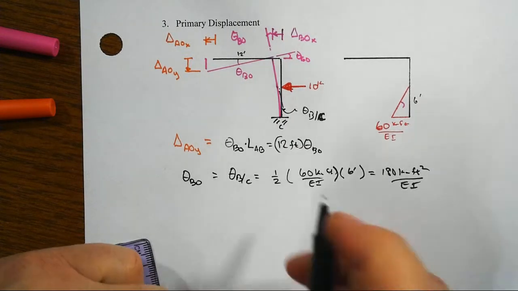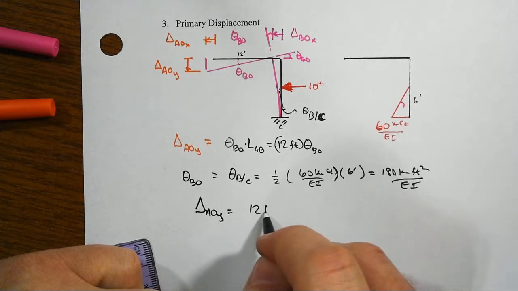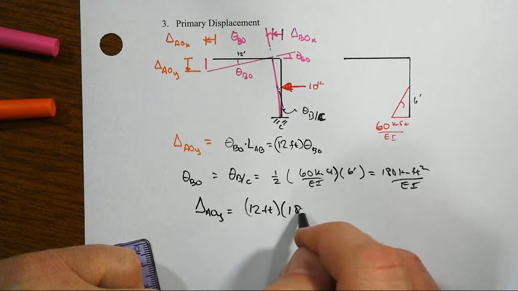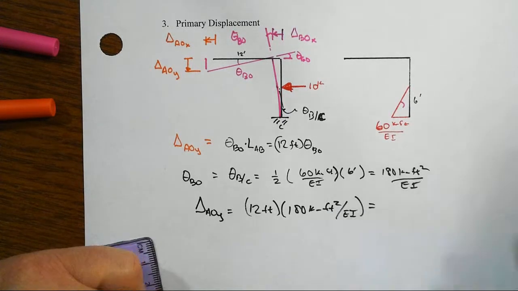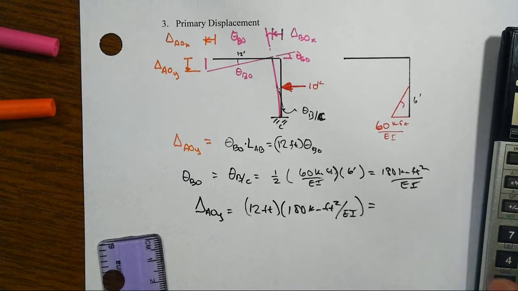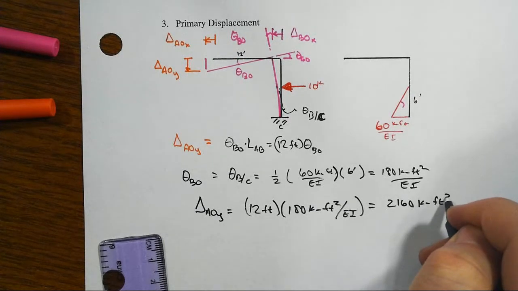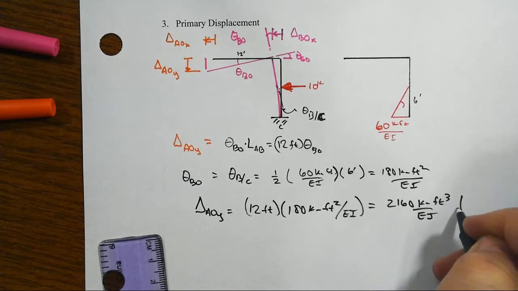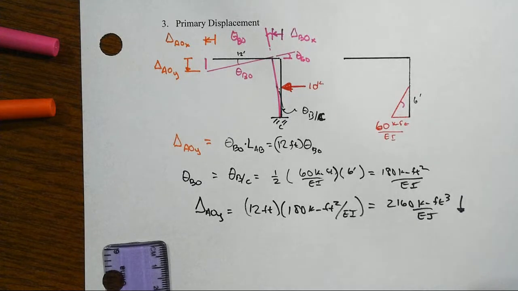And that means that delta A0 y would be equal to 12 feet times 180 kip foot squared over EI, and that would be 12 times 180, or 2160 kip foot cubed over EI going downwards. We're not going to worry about the positive negative aspect of it. Let's just get it the way it's physically acting.